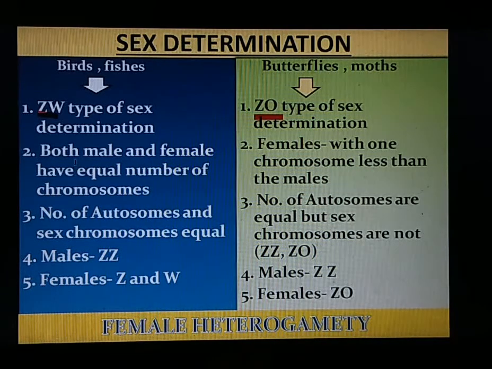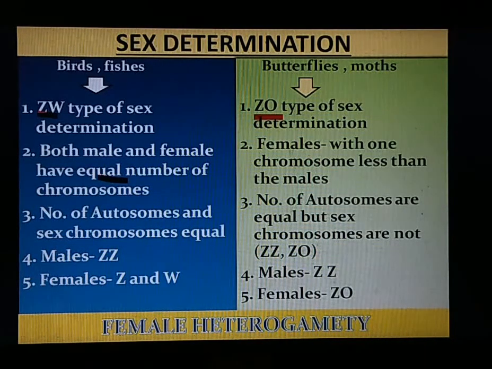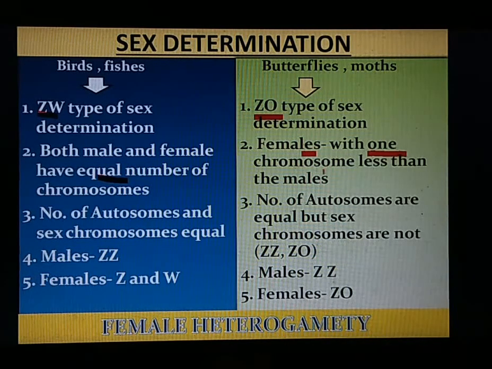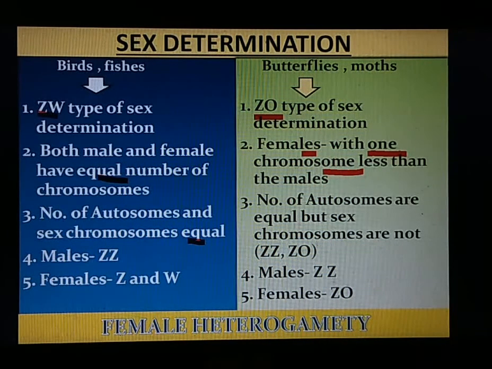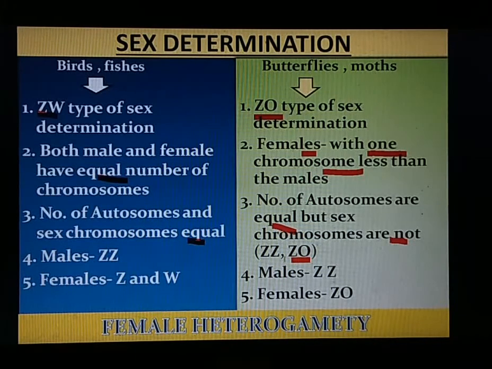Next was about female heterogamety, ZW type of sex determination and ZO type of sex determination. Here again both male as well as females will have equal number of chromosomes in ZW type, whereas in ZO females will have one chromosome less than males. In ZW the number of autosomes as well as sex chromosomes are equal, whereas in ZO type the number of autosomes are equal but sex chromosomes are not, because in some individuals they lack one sex chromosome.